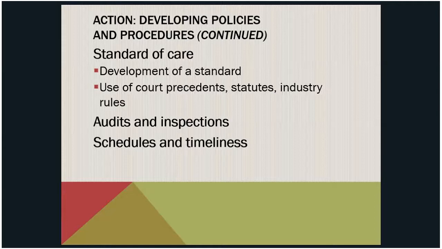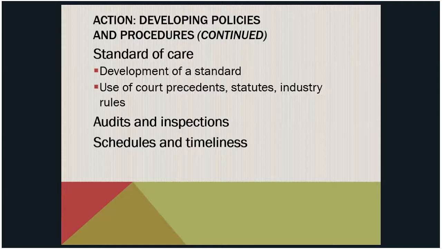We need to audit and inspect our facilities, not just for potential problems in the facility, but also our workers, to make sure that they are at that standard. Remember that we learned a few chapters ago, if the employee is working within the scope of their employment, then our organization will be liable.